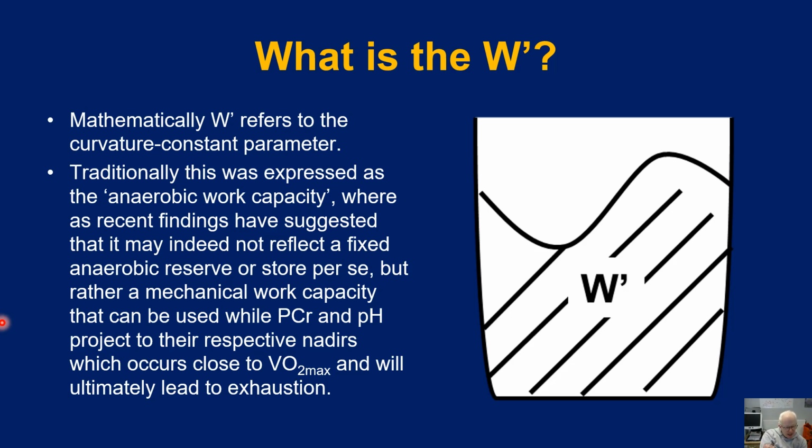And it reflects fundamentally the decrease in your PCR, but also the accumulation of metabolites. So as the PCR declines and glycolysis is being utilised, we get an accumulation of metabolites, hydrogen ions, ammonia, free phosphates, ADP, we get a decrease in bicarbonate. The totality of those is the W prime.